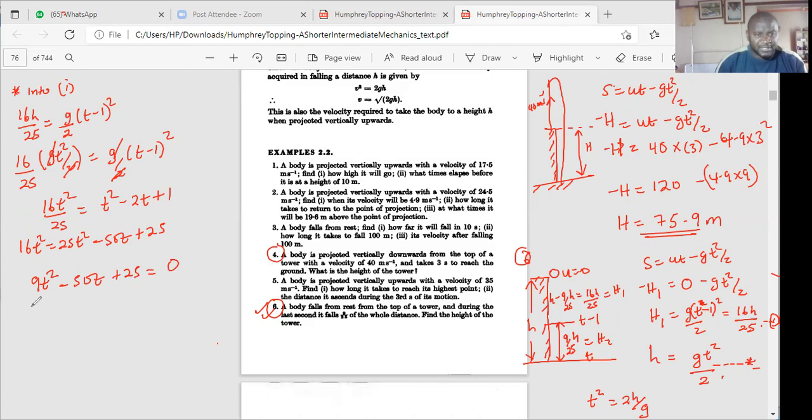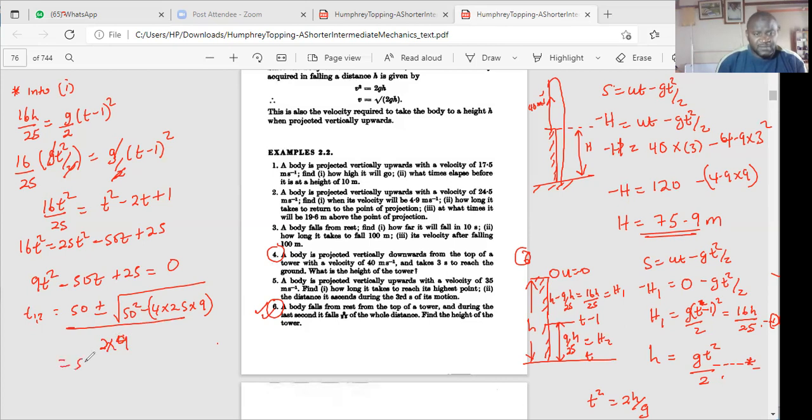Press our calculator. Well, of course, writing down that you're using the quadratic formula. This is 2,500 minus 900, you get 1,600. Under the root is 40 over 2 times 9.